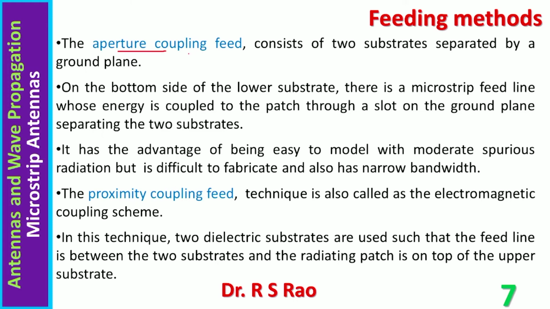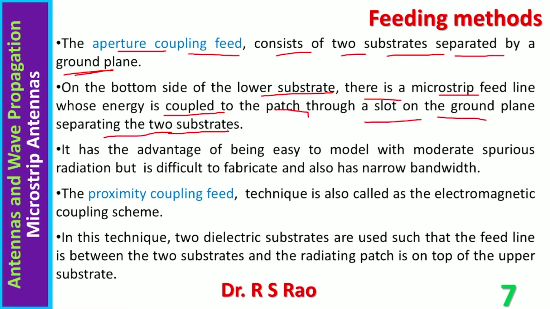The aperture coupling feed consists of two substrates separated by a ground plane. On the bottom side of the lower substrate, there is a microstrip feed line whose energy is coupled to the patch through a slot on the ground plane separating the two substrates.